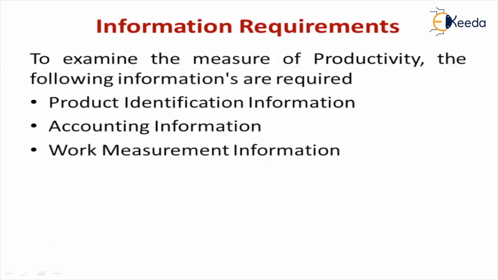So what is the information requirement? First, the product identification information. How am I going to identify that particular product, and how am I going to use my resources to identify the product in a better way?